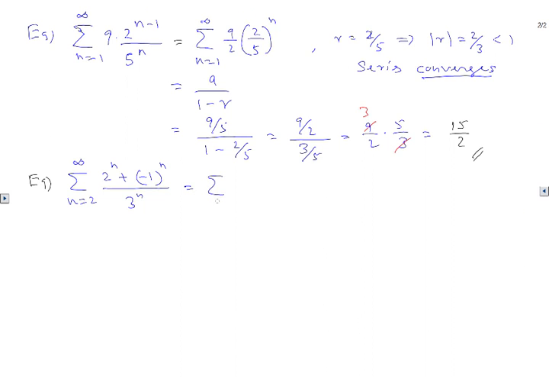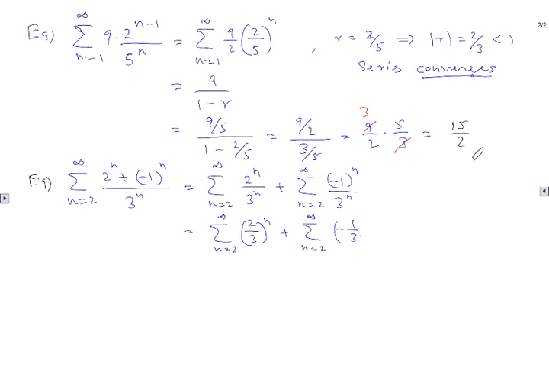So it is sigma n going from 2 to infinity, we can write 2 to the n over 3 to the n with the common denominator, plus sigma n going from 2 to infinity negative 1 to the n over 3 to the n. Now we're going to find the r in both cases, but we can write them using a common index. So you can write this one as 2/3 to the n, and then here sigma n going from 2 to infinity negative 1/3 to the n.